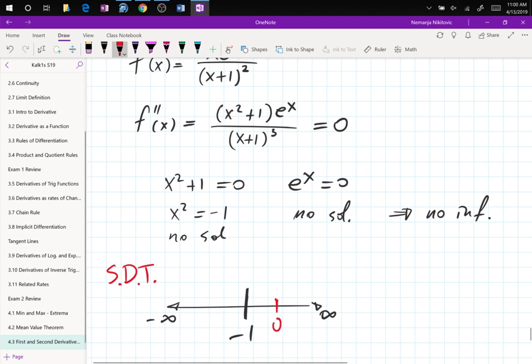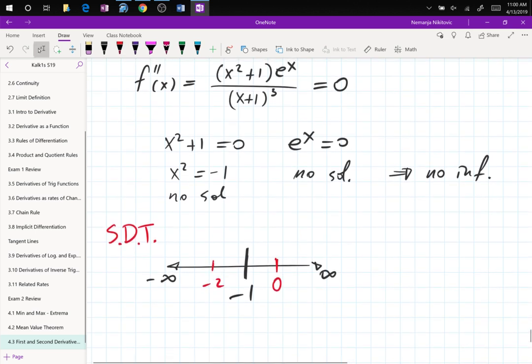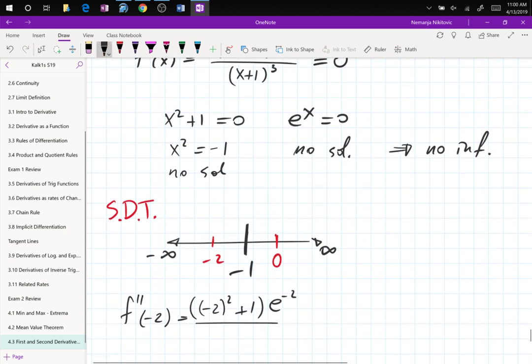Test points: pick 0 and negative 2, whatever. So we have our second derivative test at negative 2. It's negative 2 squared plus 1 times e to the negative 2, divided by negative 2 plus 1 cubed.